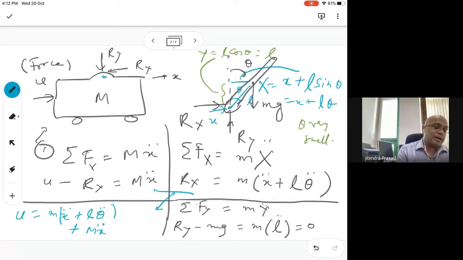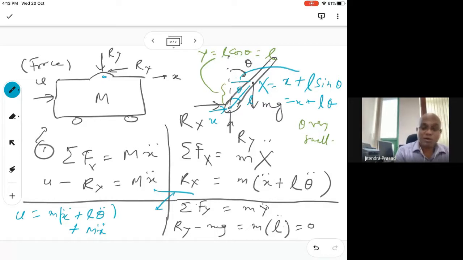Now, what is the main motive here? To find the transfer function. The transfer function in this case will be output over input. So what is the output? The output here is theta. Theta is the one that we want to control.